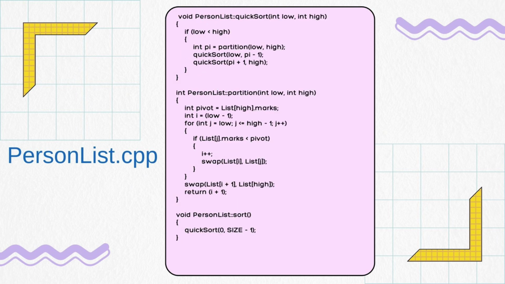We use the quick sort method to sort the record using the quick sort algorithm. The partition method, which is part of quick sort, arranges elements. Sort method calls quick sort to sort the entire list.